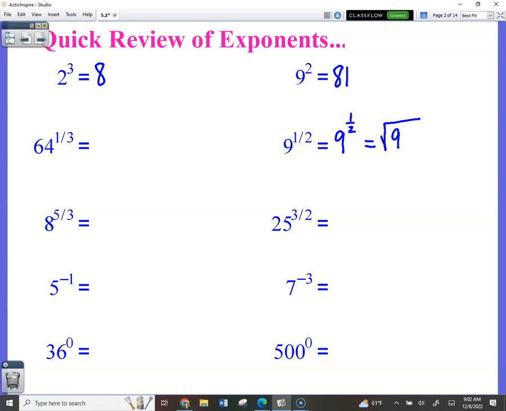The bottom of the fraction is the root, and then the top of the fraction is the exponent. Okay? Now, obviously, I need to clean that up because no one writes the 2 on a square root. It's understood. So that's actually just the square root of 9 to the 1st power, which is just 3, right?